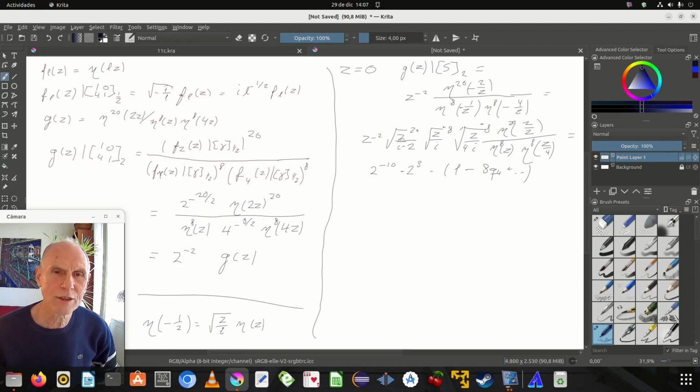And that means that G of naught equals 1/4. Oh, I thought this was wrong, but I believe that was not what we got. Well, I'll have to look it up afterwards. And the last one we need is Z equals 1/2.